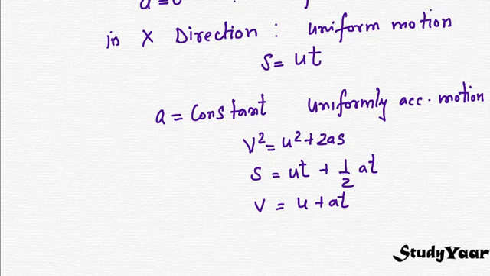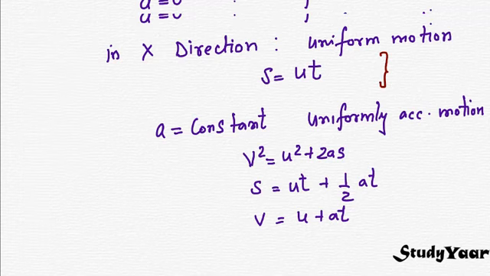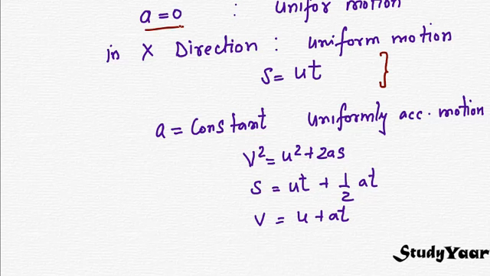Sorry, it's the other way around. In the horizontal direction, I can use the equation S is equal to ut because my acceleration is 0, and in the vertical direction I can use these three equations because in the vertical direction my acceleration is equal to g, which is constant.